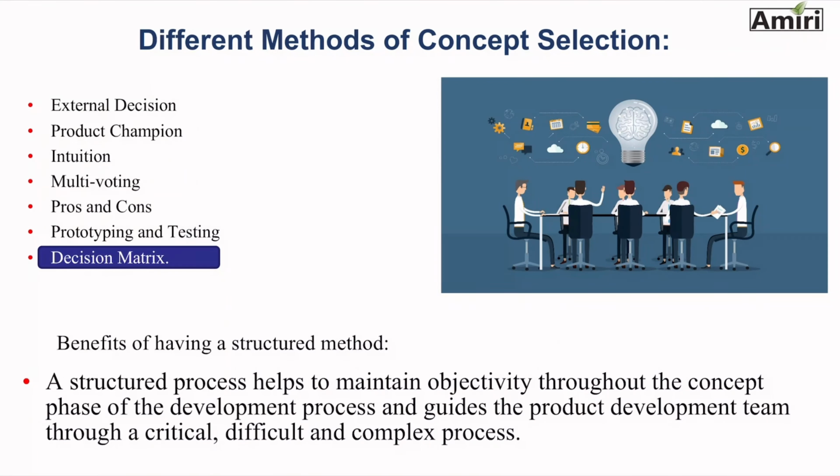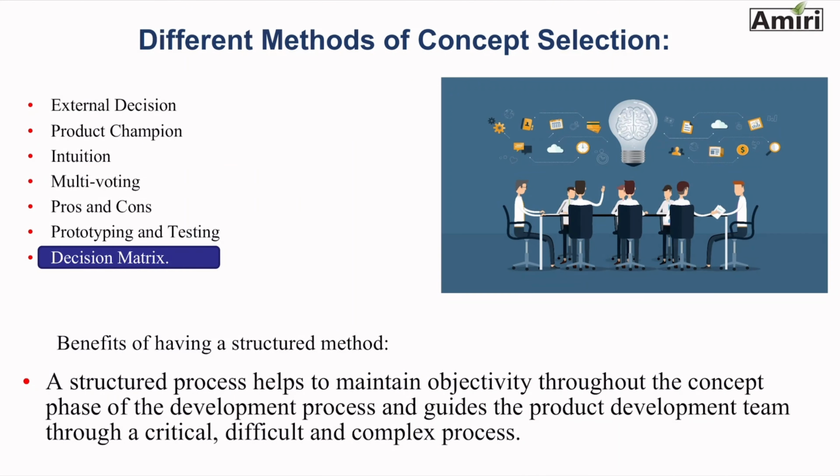There are different ways that the concepts could be selected as a result of concept generation. You can have an external decision, when concepts are turned over to a customer, a client, or some other external entity, and they will select the best concepts for you.